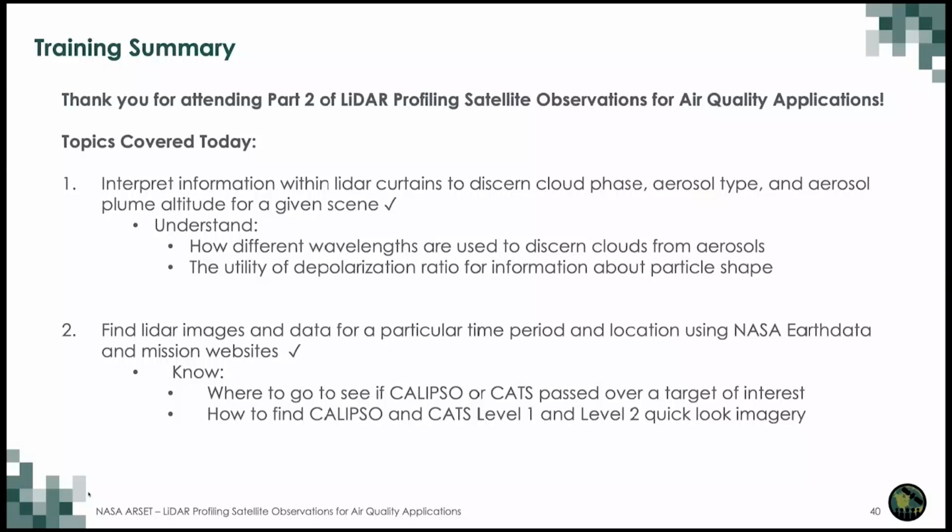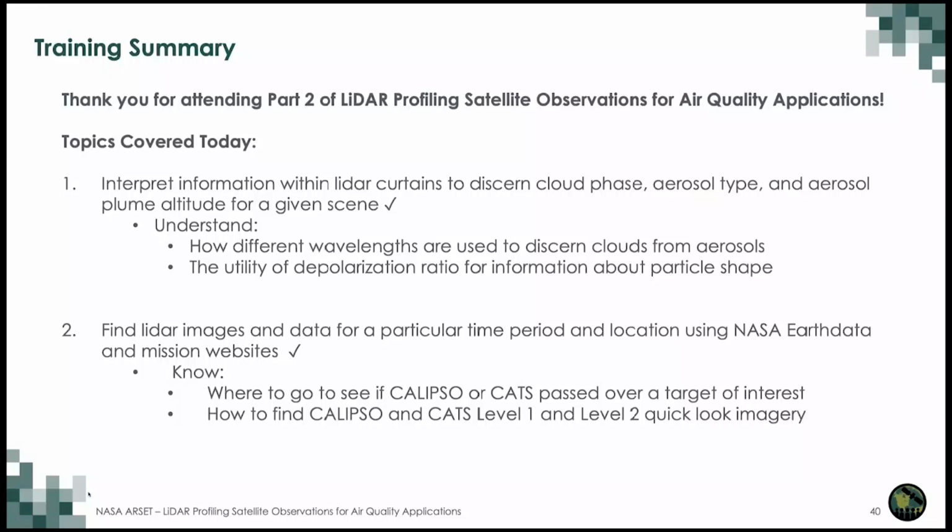Following that, we went to Worldview and walked through how to search for whether CATS and Calypso overflew an event of interest. In the live demo, we used Calypso. If you want to see if CATS overflew an event of interest, where we entered Calypso in the search bar, just punch in ISS, and you'll get the ISS orbit overlaid on top of your imagery.